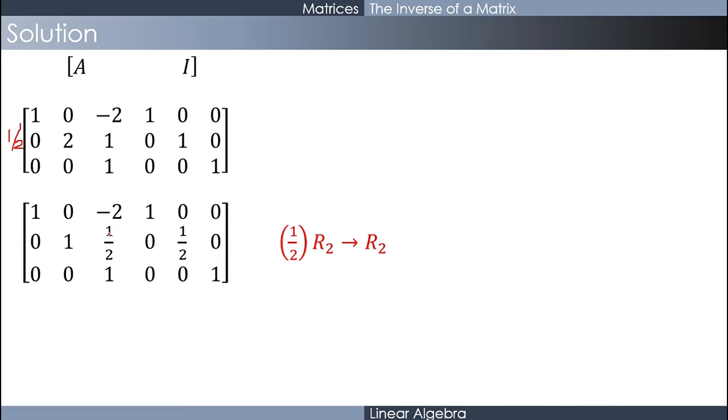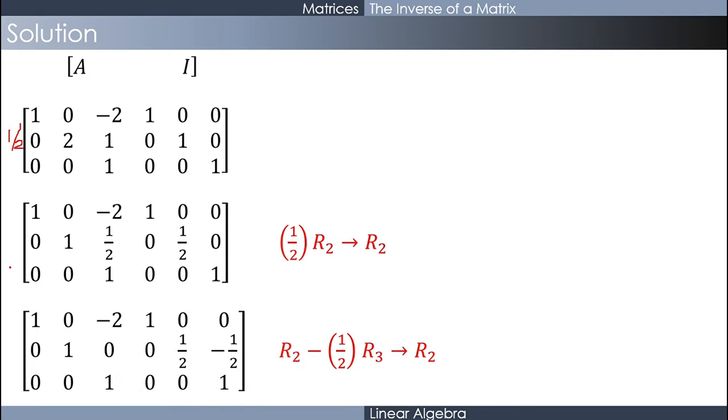From here, we have to work on this number and turn it into 0. To do that, we will multiply 1/2 in our third row and subtract that from the second row. So 0 minus 1/2 of 0 is 0. We do that to obtain the new second row because our goal is to turn this number into 0.